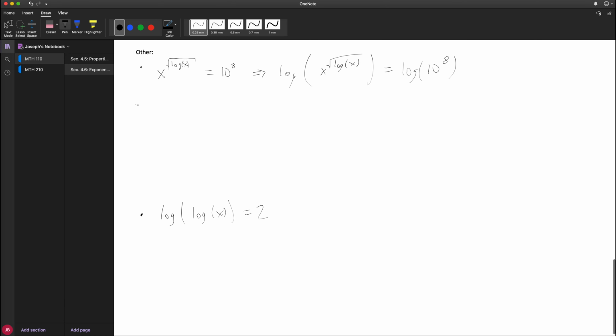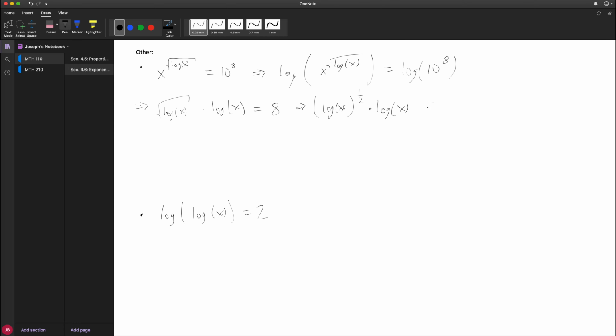And over here, I can use rule 3 from last section and bring this whole power down. So I get square root log x times log x equals 8. Now, let's see. This is technically log x all to the 1/2, times log x equals 8.